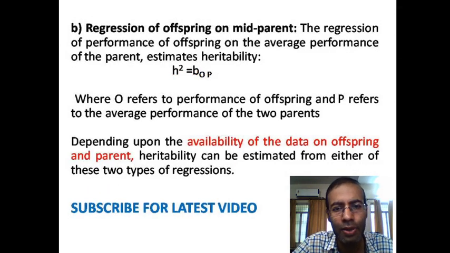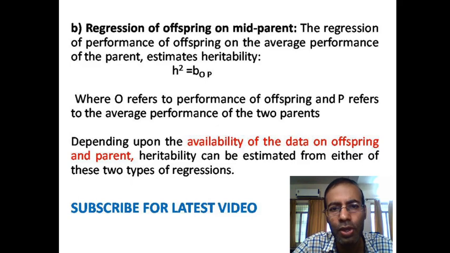Now I will explain the second approach, the second method for estimation of regression. We can also use regression of offspring on mid parent. Earlier we used regression of offspring on one parent. There only one parent performance was used, either sire or dam. In this case, we will use both parent performance, sire and dam's performance simultaneously.